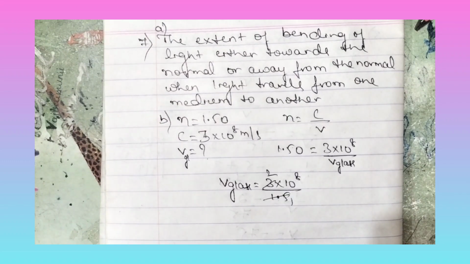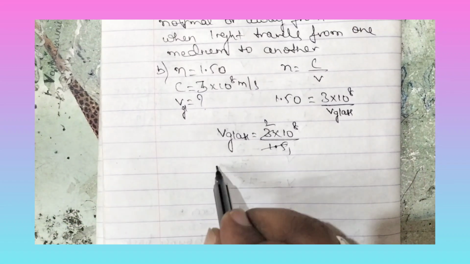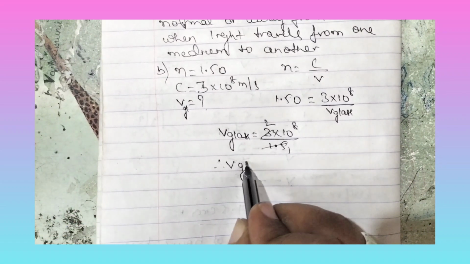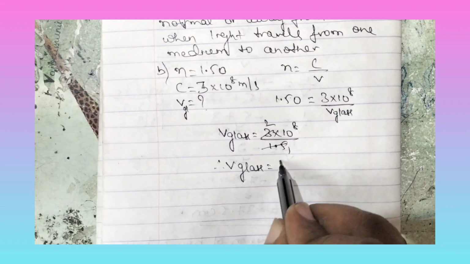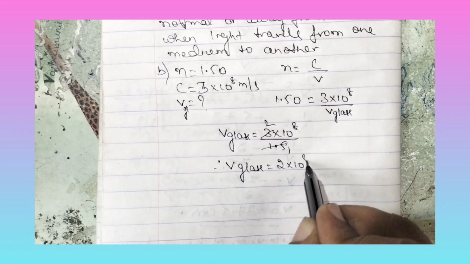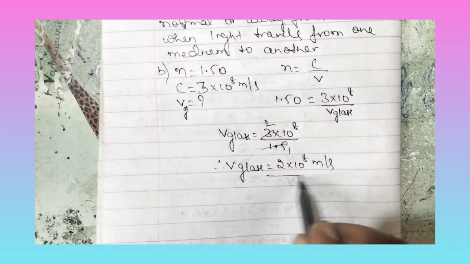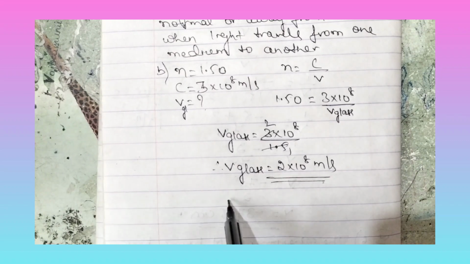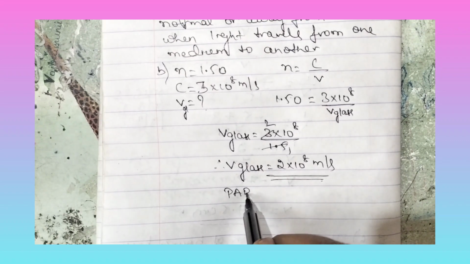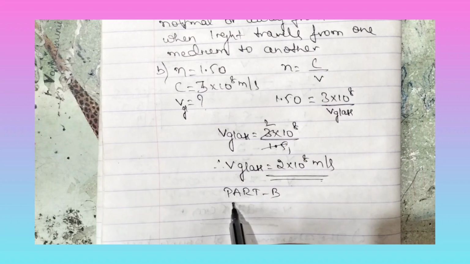Therefore, the speed of light in glass is 2 into 10 to the power of 8 meter per second. So like this we have to calculate the speed of light in glass.